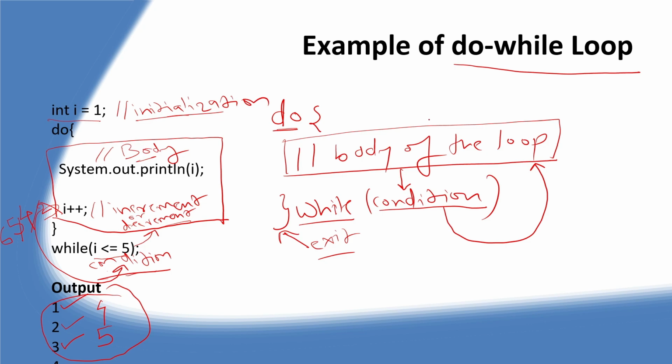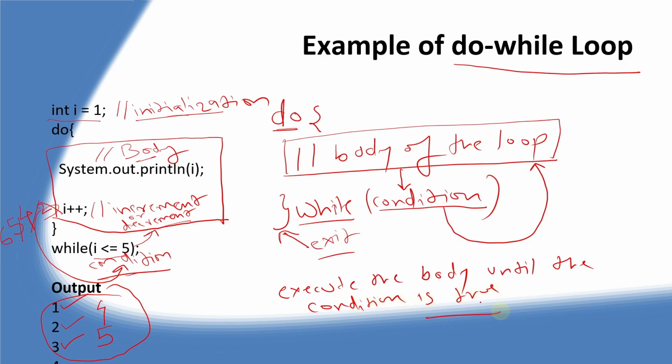I will write here: execute the body until the condition is true. As simple as that. And when the condition is false, it will come out of the loop and exit.